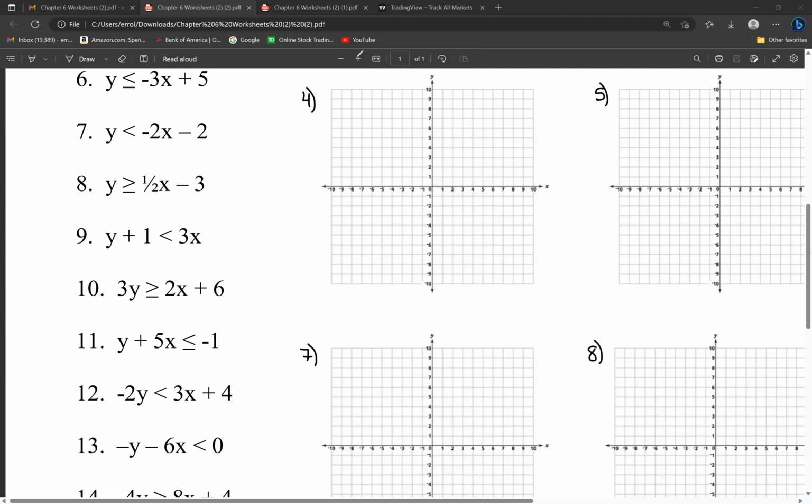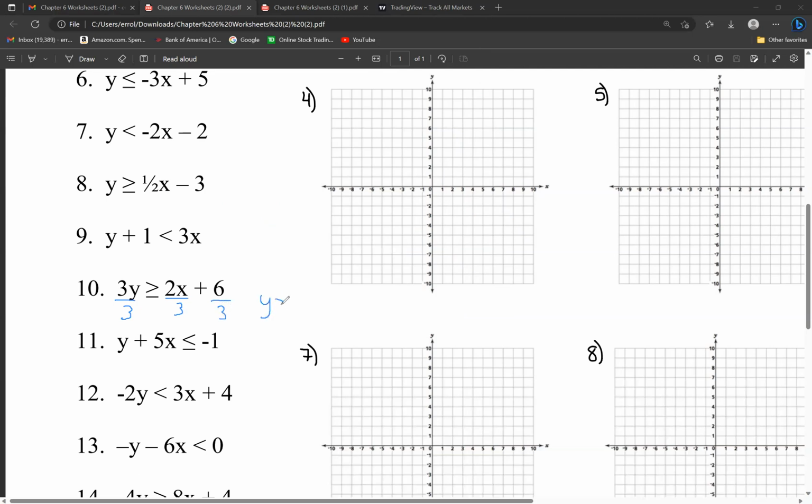Tell me about 10. How are we going to solve that? Do you have to divide everything by 3? Yes, exactly. Divide everything by 3. Why do we want to divide everything by 3? Because we want the y to be by itself. Exactly.